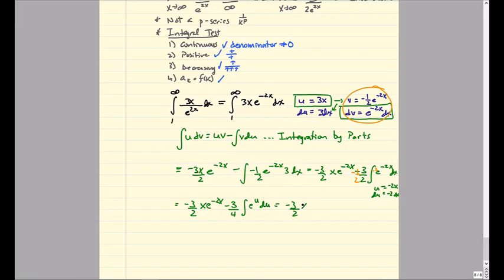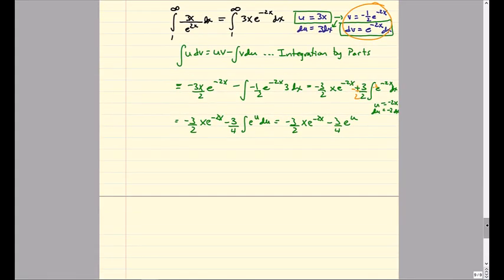So minus 3/2 x e to the -2x minus 3/4. The integral of e to the u is e to the u. But in this case, I know what u is. It's -2x. So this is -3/2 x e to the -2x minus 3/4 e to the u.